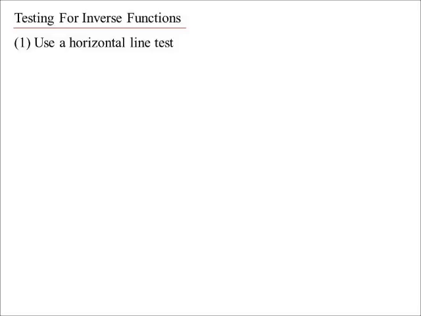Cubic. What about the circle? No, gotcha again. Because the first condition is y equals f(x) has to be a function, and the circle's not a function. So it can't have an inverse because it's not a function in the first place.